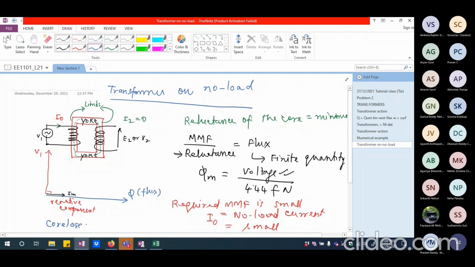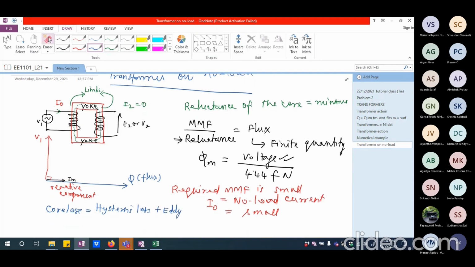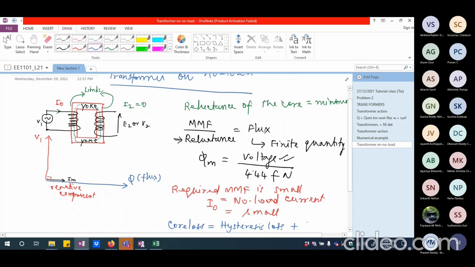The core loss will consist of hysteresis loss and another component called eddy current loss, which I made a passing mention of earlier. So let me write this clearly: I am going to have two components of losses, known as core loss, that is happening in the ferromagnetic core. One is hysteresis loss and the other is eddy current loss.